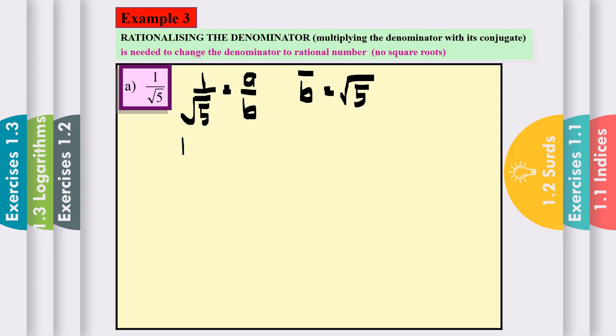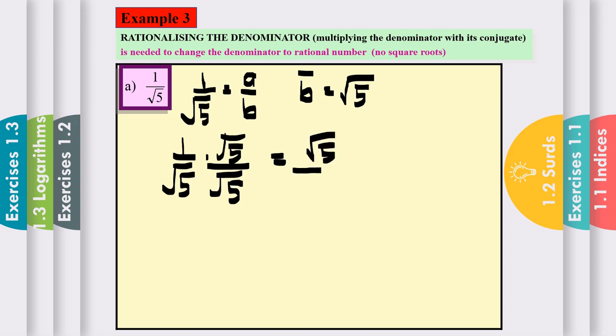Therefore, 1 over square root 5, we multiply by the conjugate, square root of 5 over square root of 5. Then expand: 1 times square root of 5 is square root of 5, over square root of 5 times square root of 5 is 5.